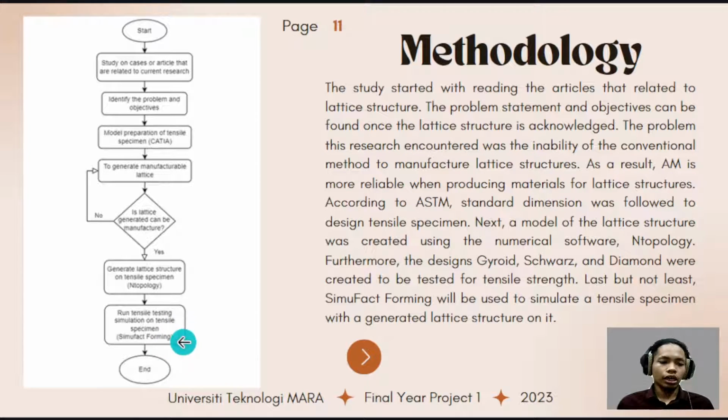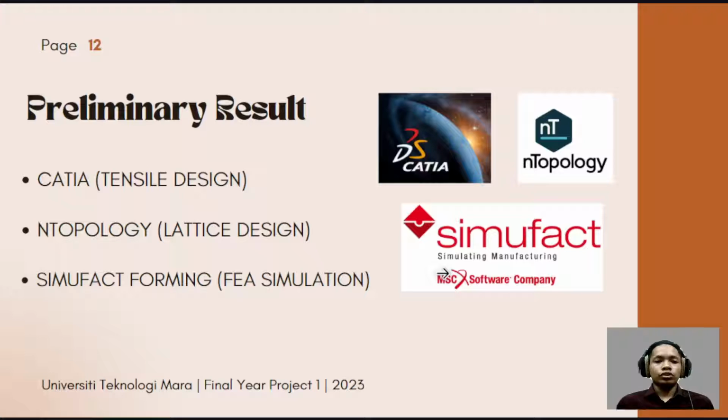Then I will use Simufact forming to test on a simulation tensile testing. So for the preliminary result, I use 3 software, which are CATIA, topology, and Simufact forming.